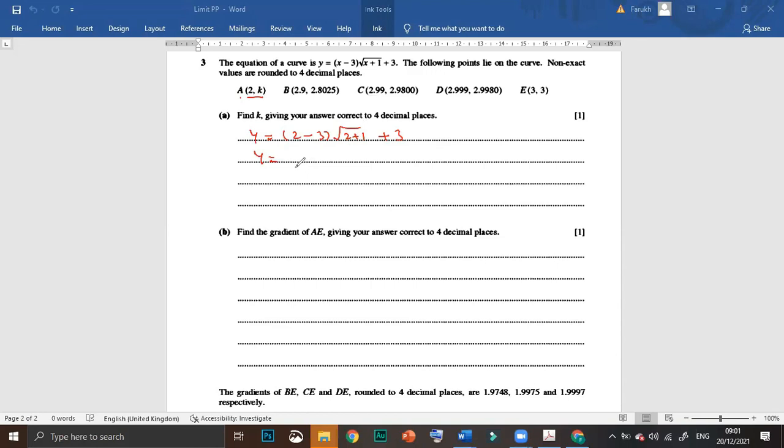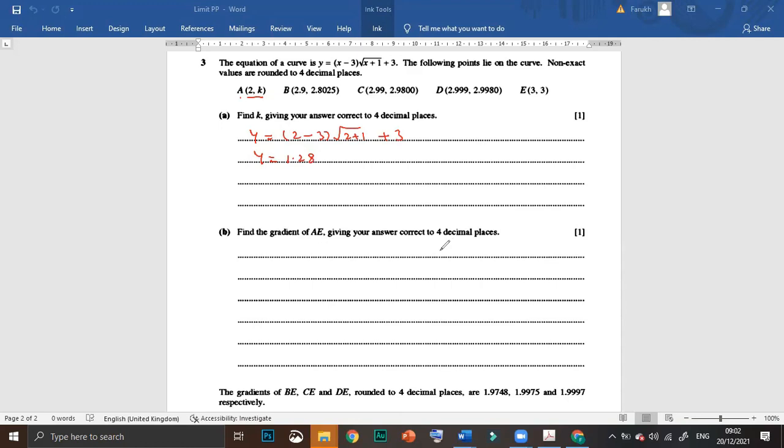y is equal to 1.28, okay. Now it says find the gradient of AE correct to 4 dp.